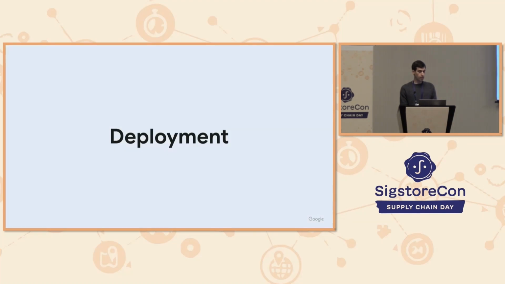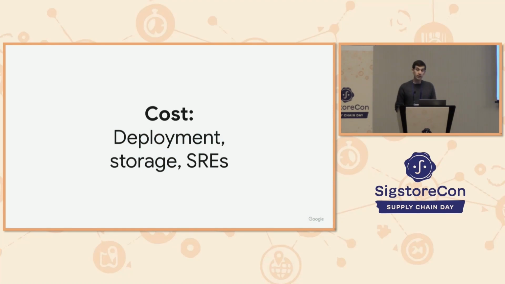So we'll talk quickly about some of the deployment learnings as well. A big one is cost, and there's a lot of dimensions to cost. One is the deployment cost. Running a lot of these services is costly. There's the storage cost for the search index, the storage cost for the entries themselves. And there's another cost we don't sometimes think about, which is the cost to maintain these, the SRE cost.